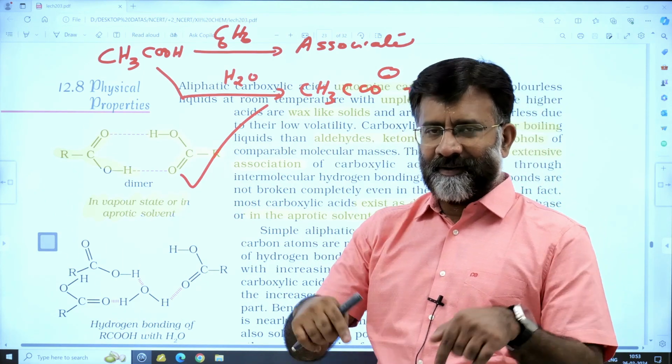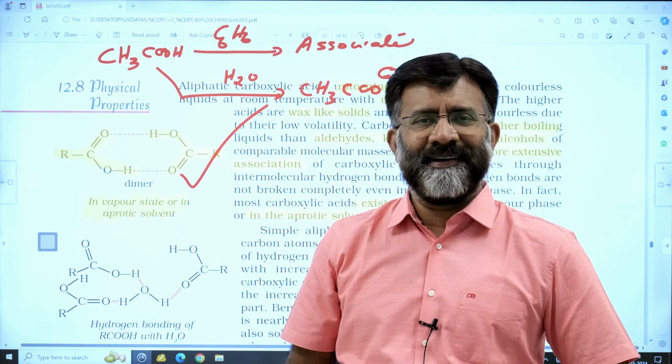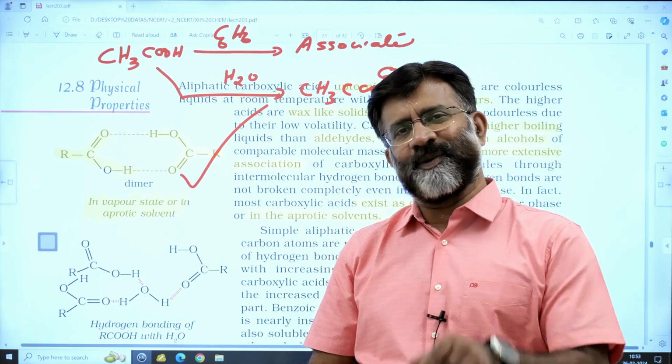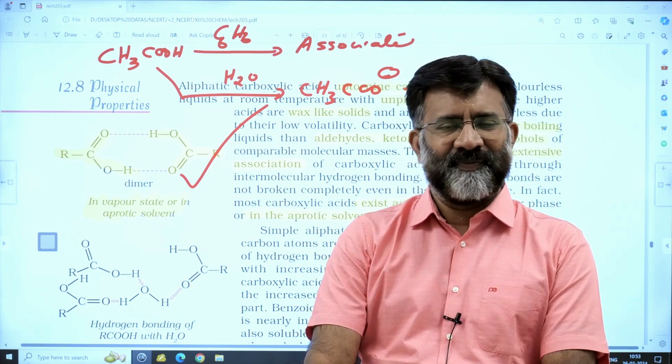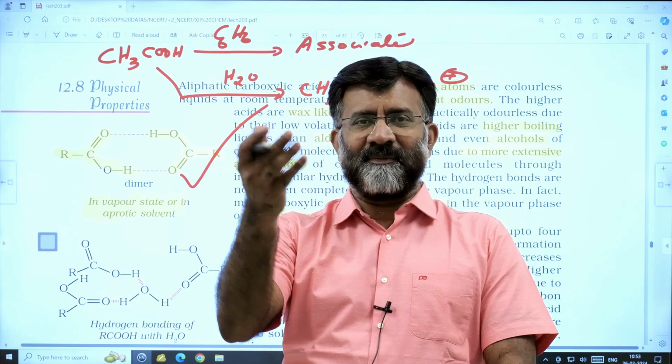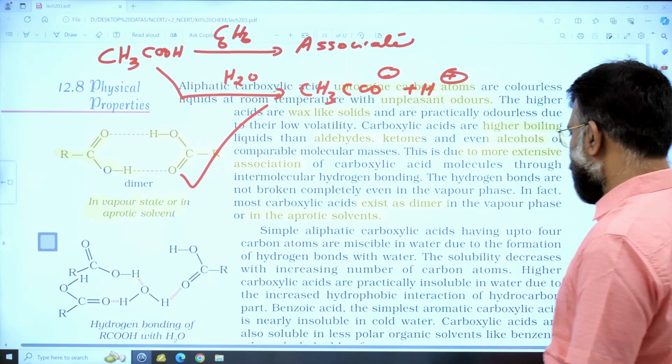So acetic acid in water dissociates, the Van 't Hoff factor will be greater than 1. Acetic acid in benzene associates, Van 't Hoff factor will be less than 1. Abnormal colligative properties we are learning in chapter 2, solutions, right? Yes.